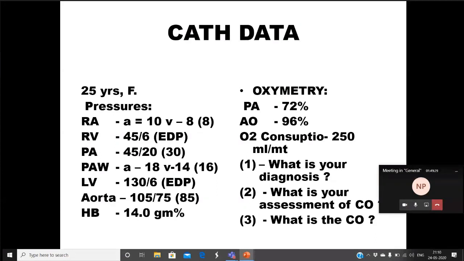Then aorta systolic is normal, sir, 105, and diastolic is also normal, 75, sir. Okay. Is there a gradient, sir? Yeah, sir. 25 is a gradient, sir.